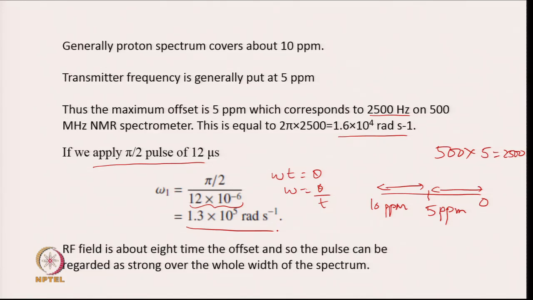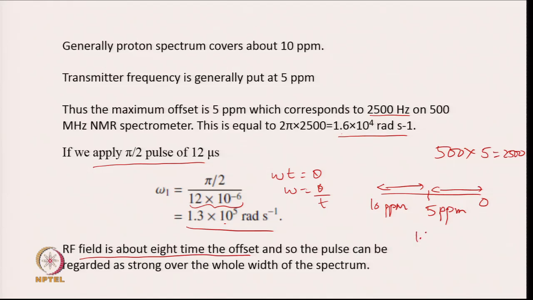So, the 12 microsecond pulse is chosen such that the RF field is about 8 times the offset. Look, the offset here is 1.6 × 10^4 radian per second, whereas the omega 1 chosen is 1.3 × 10^5 radian per second, and so the RF field, which is proportional to omega 1, is about 8 times larger.